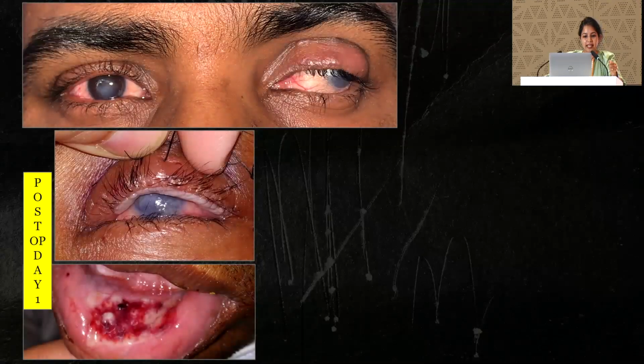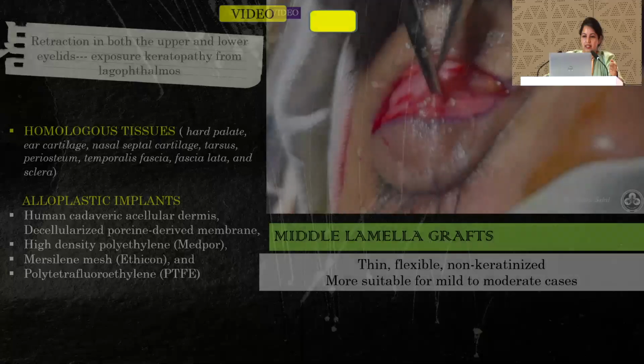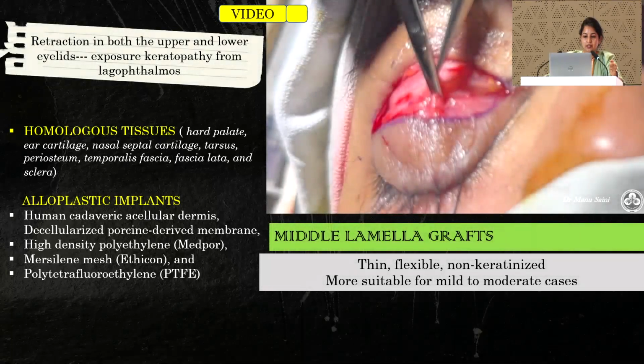The post-operative photograph of the same patient shows good uptake of MMG and resolved lagophthalmos and lid lag, as well as entropion.